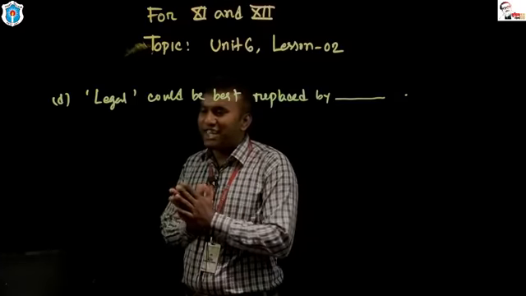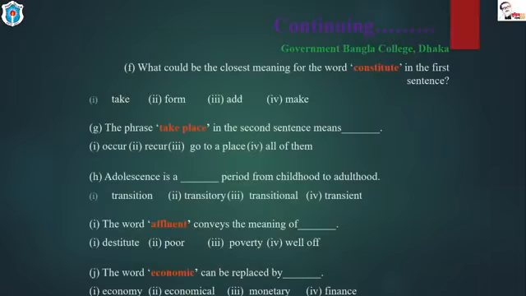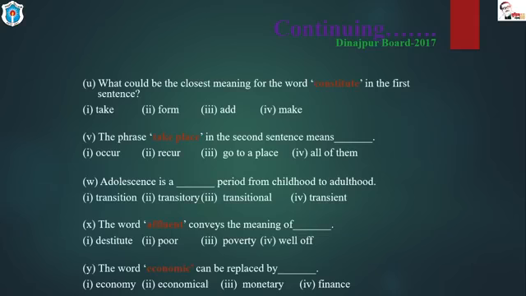Now, I'd like to talk about the next slide. Another 5 MCQs. We have talked about the questions of Milestone College. We have already talked about the questions of Government Bangla College. Now, let us talk about the board questions.